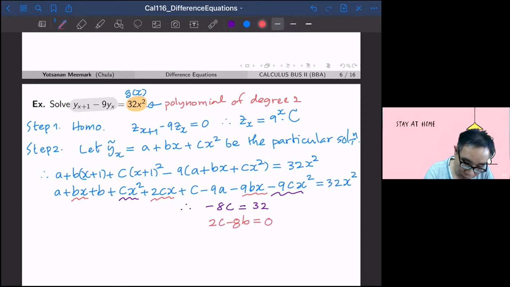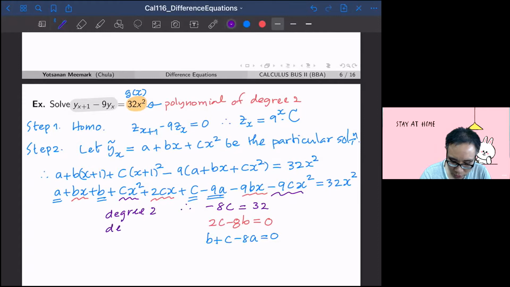And finally the constant term: a plus b plus c minus 9a, so it's going to be b plus c minus 8a equal to 0. This one comes from degree 2, degree 1, and constant term respectively. So it's going to be these three equations.